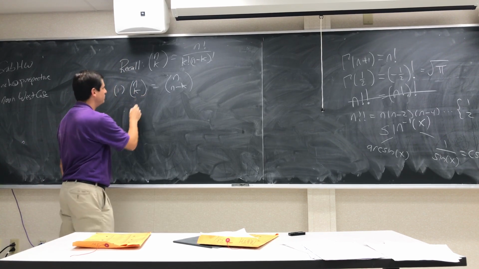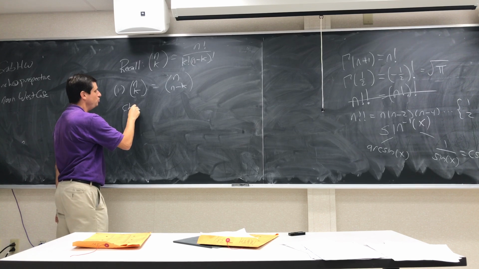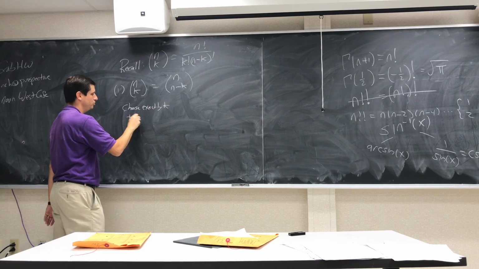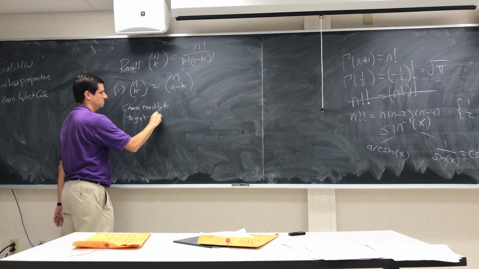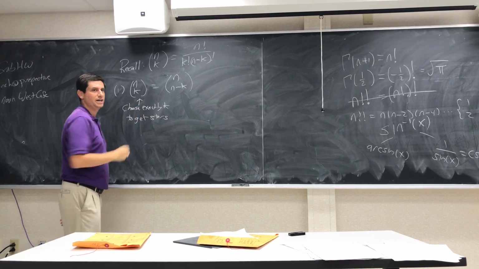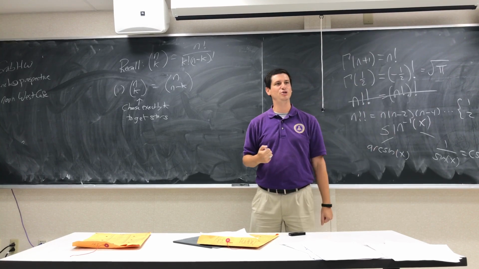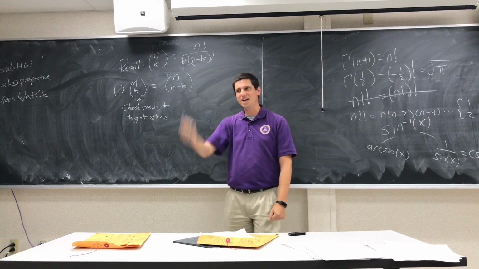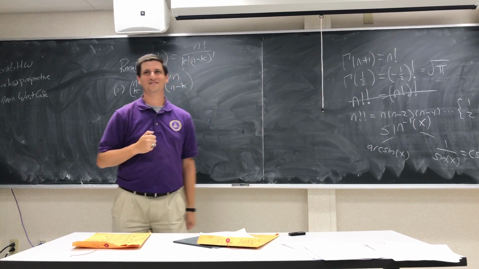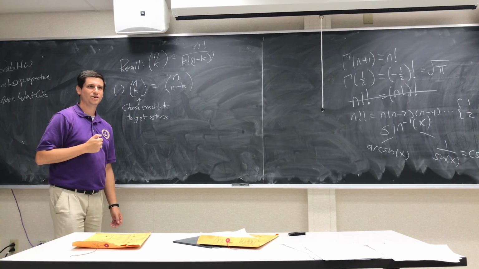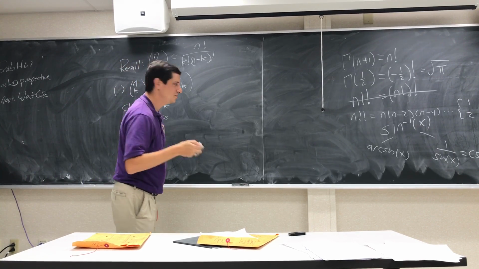Okay? So here are two ways of looking at it. Choose exactly k to get stars. This is the positive way of looking at things. I am giving something to k. What's the negative way of looking at it? Taking away n.